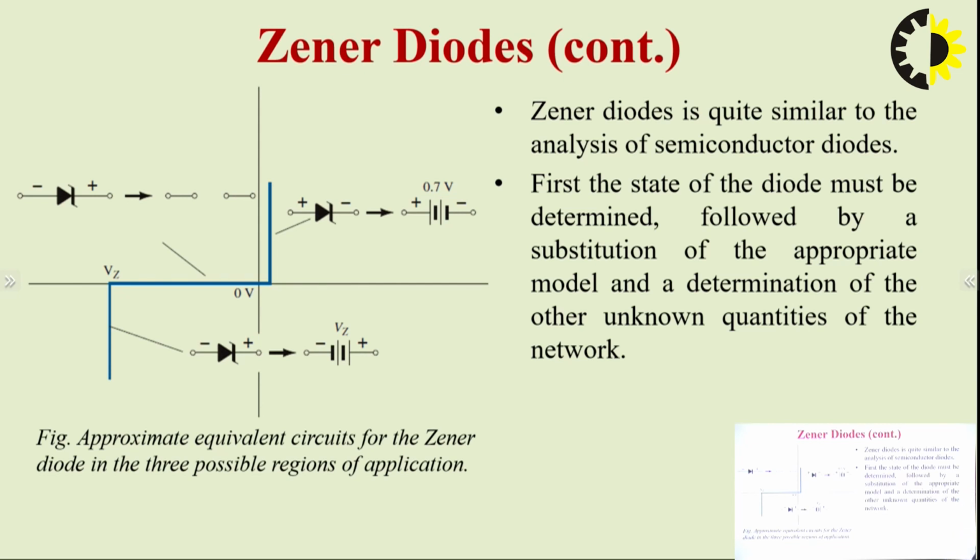If we connect the Zener diode in the forward biased state, then it behaves as an ordinary PN junction diode.